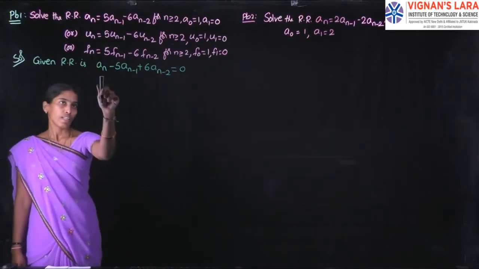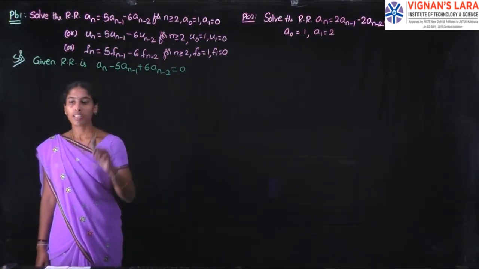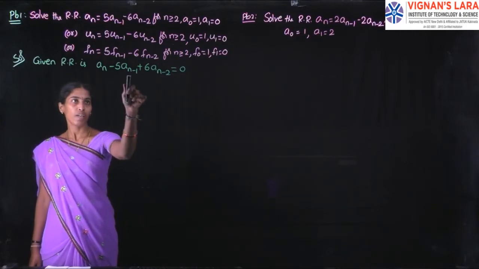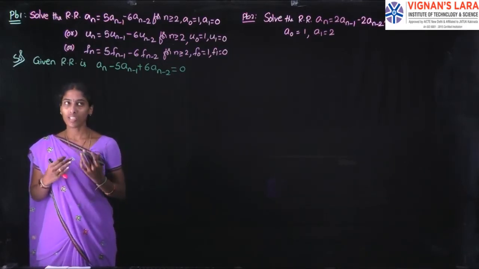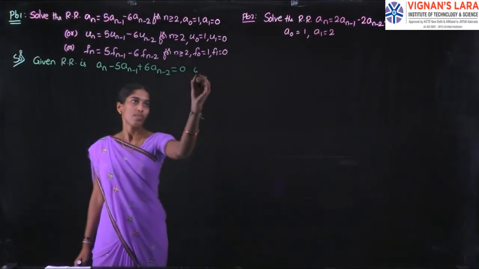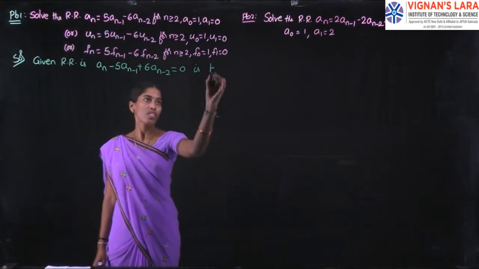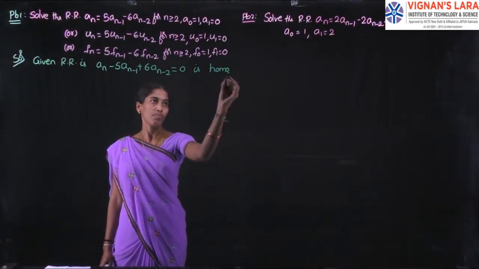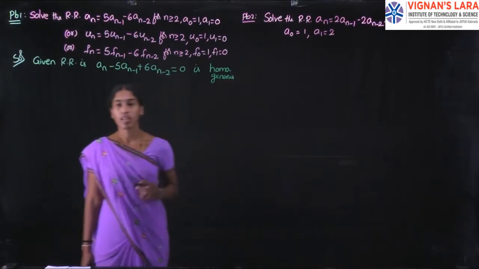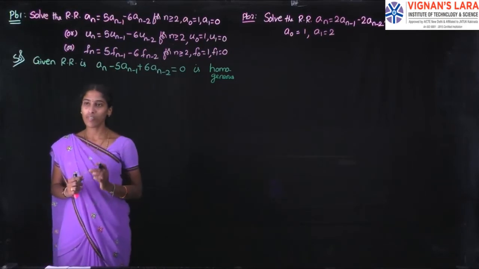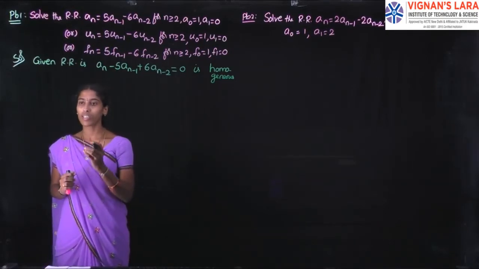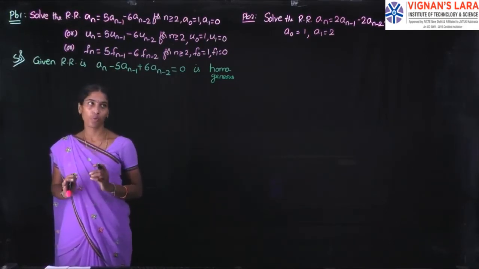In these three terms, which involve the terms of the sequence a_n, a_(n-1) and a_(n-2), there is no term which does not contain a sequence term a. So it is a homogeneous recurrence relation. If there were any term which does not contain the sequence term a_n, then that recurrence relation is called non-homogeneous.